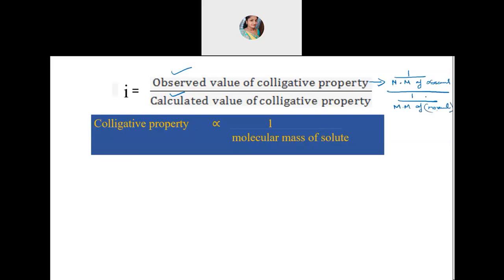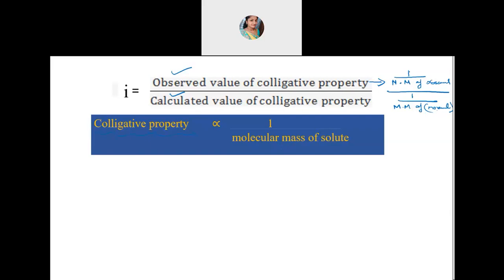Then what will happen to the i value? What i formula will you get here? It will be inverse, no? You are able to see? For colligative property, i is the observed colligative property divided by the calculated one. But when you substitute in terms of molar mass, molar mass is inversely proportional to the colligative property.